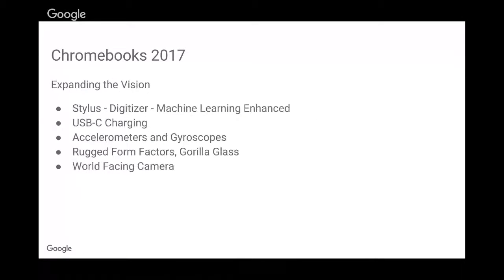And as we're thinking about devices, making sure that they're including the stylus, machine learning enhancements, USB for fast charging, rugged form factors for the classroom, but also a world-facing camera, just to make it a lot easier for created content to happen as well.